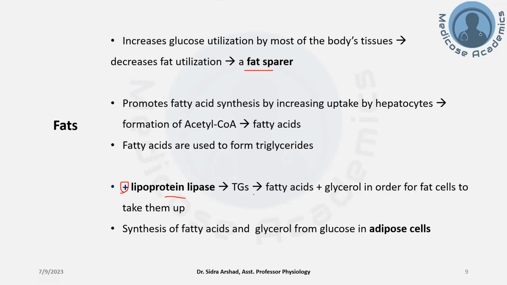So the triglycerides were made available to the adipocytes by the liver as well, and they can synthesize their own triglycerides by glycerol, which is formed from the glucose they had taken up, and by the fatty acids which they synthesize themselves. So this is the mechanism through which inside of the fats, the excess glucose is being stored in the form of triglycerides.